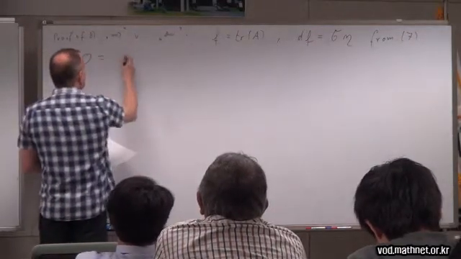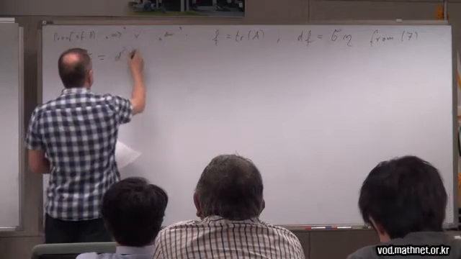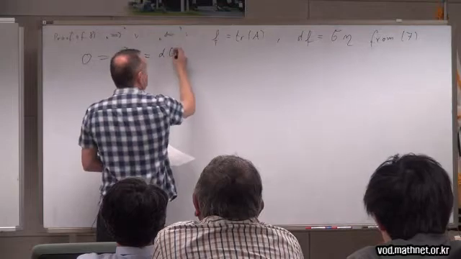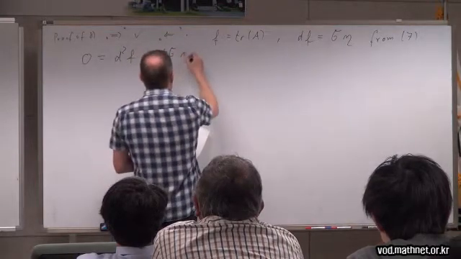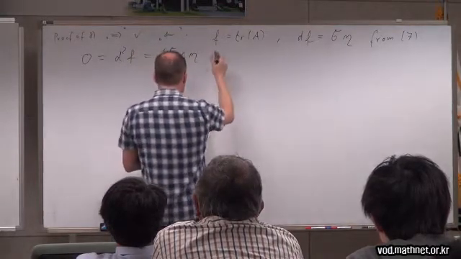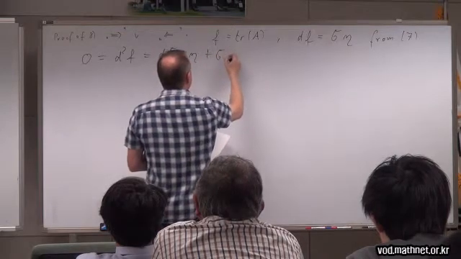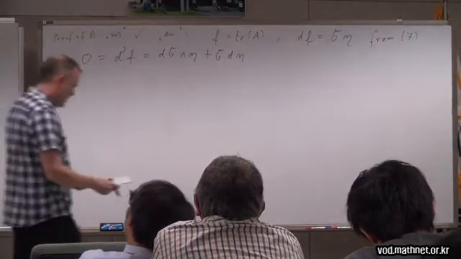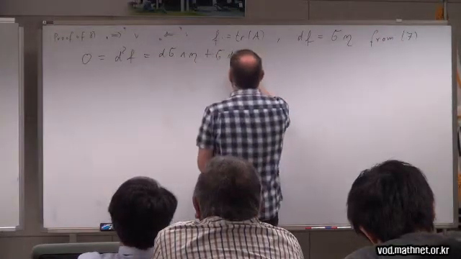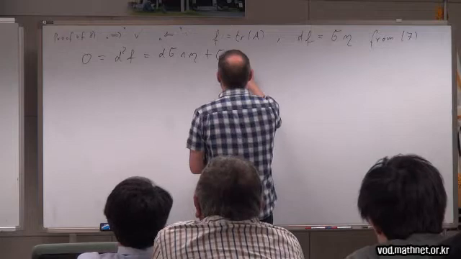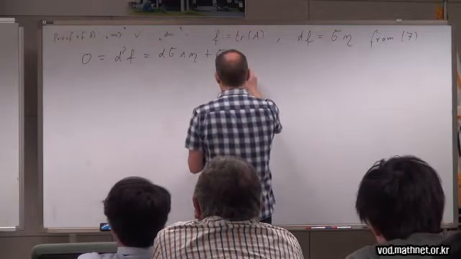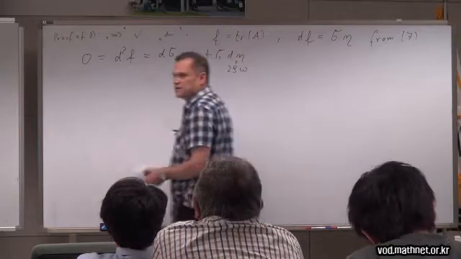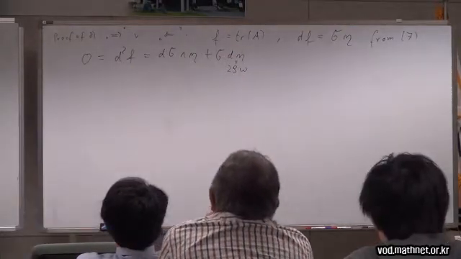So let's differentiate. We get 0 is d squared f, which is d sigma wedge eta plus sigma times d eta. But d eta we know is equal to 2 times rho times omega, because we have a contact hypersurface.